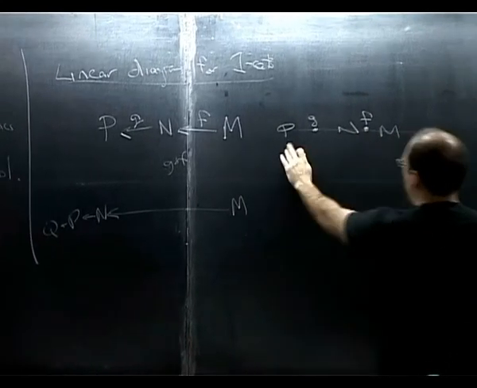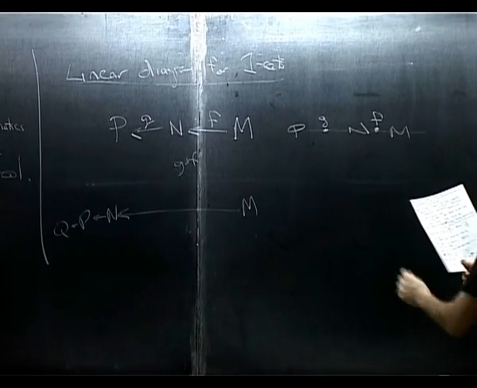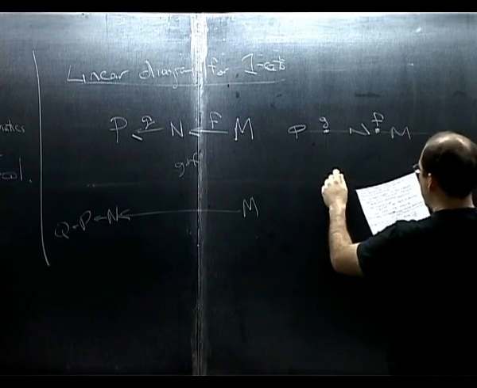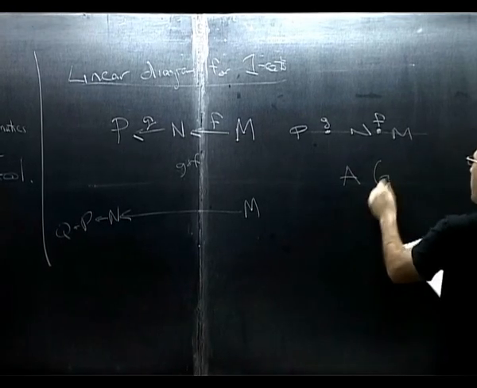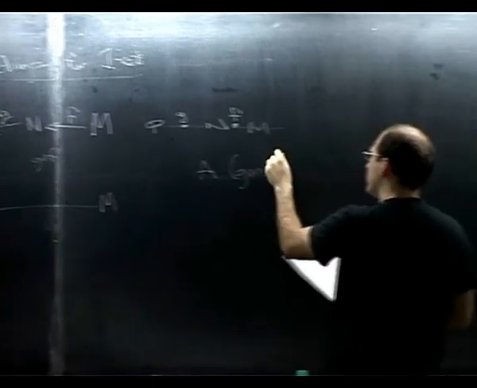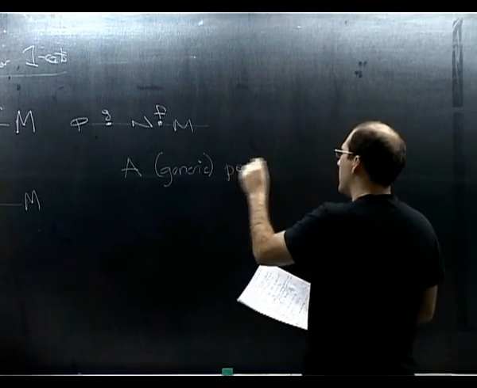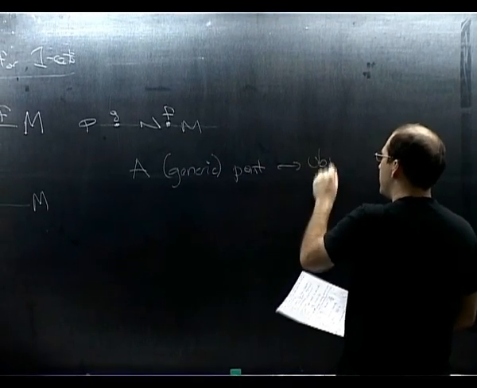Okay? That's the point. So associativity says that. So let me just describe how this picture works, and then I'll get back to that point. So in a picture, a generic point is an object.